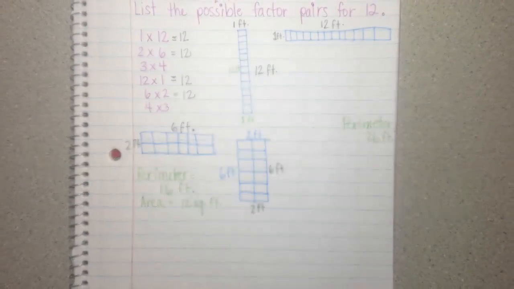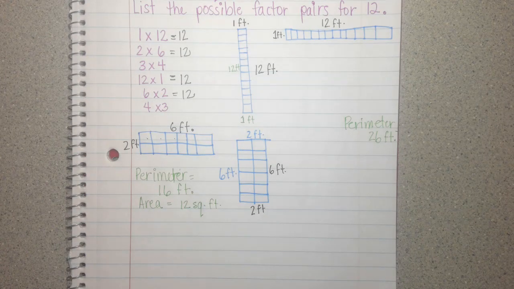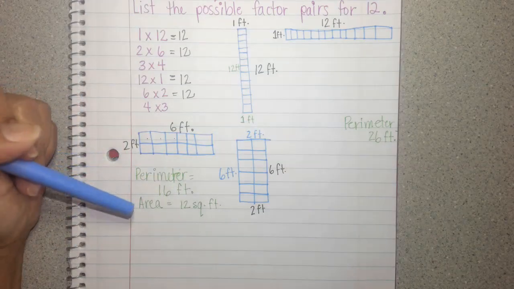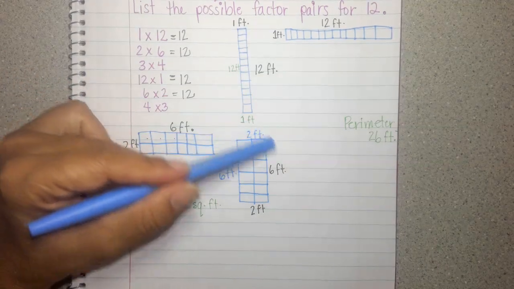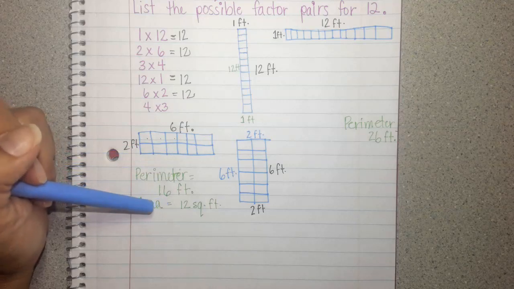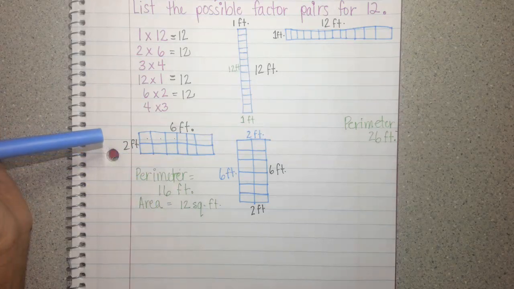Okay, so they have an area of 12 square feet with a perimeter of 16 feet. That is how we relate area and perimeter. You multiply to get the area, you add the sides to get the perimeter.